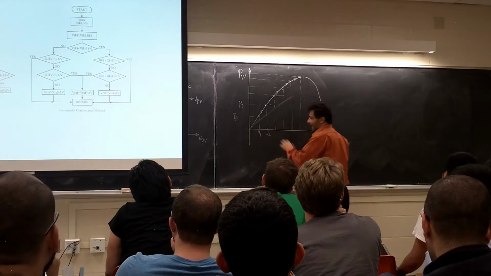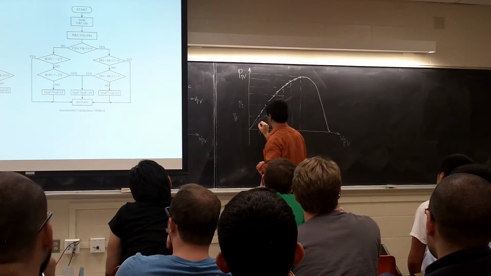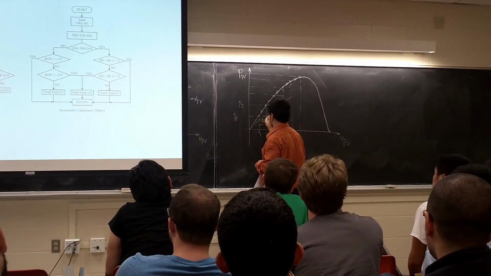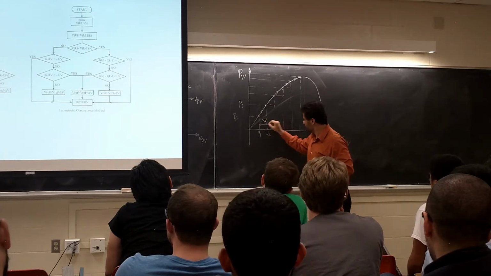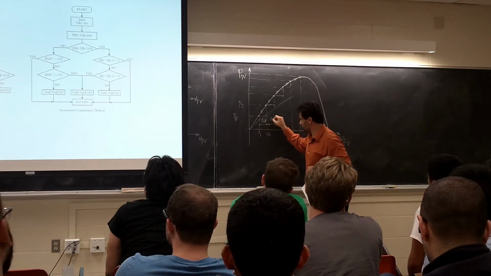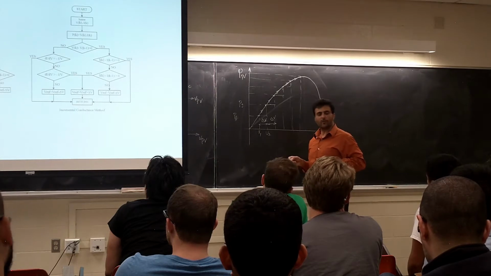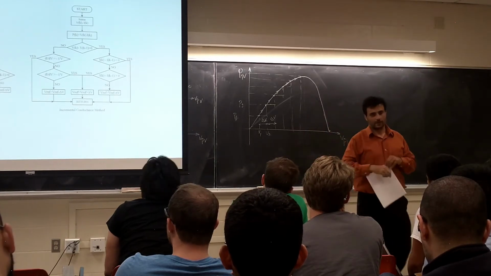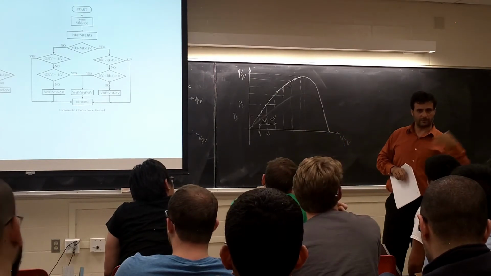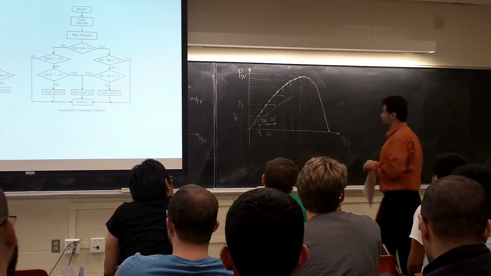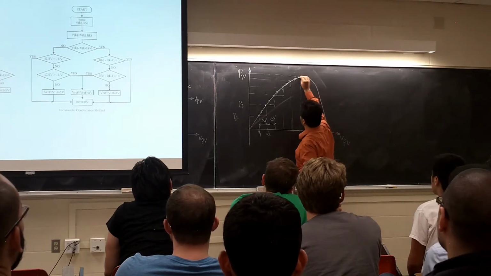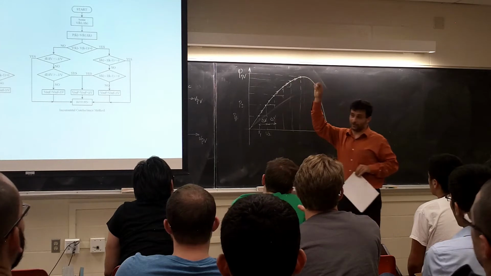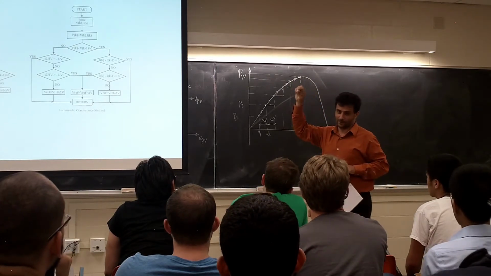And these steps are fixed. You could have a variable step, which is incremental conductance, or we can go with a fixed step. Every time you increase 2 volts, 2 volts, 2 volts. What's bad about this one? It's not slow. You can select a big delta V, so you go fast.